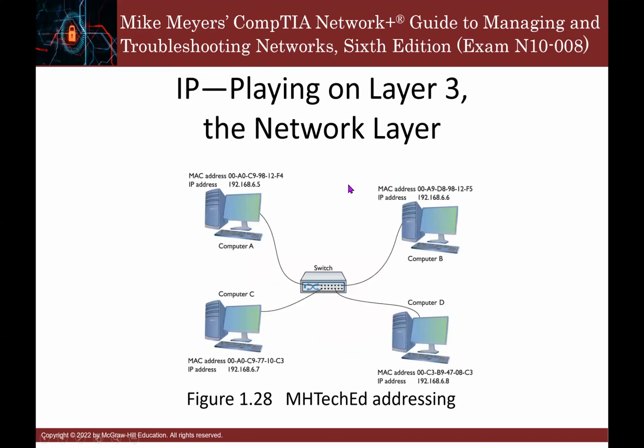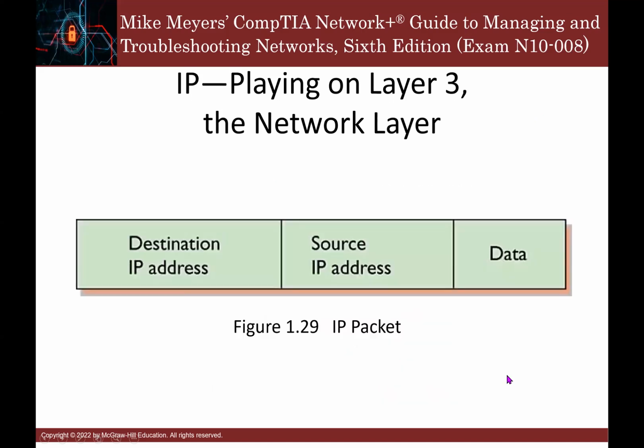All right, so playing on layer 3, the network layer, every device has to have a MAC address and an IP address in order to communicate. Even on a local network, IP addressing is expected. This is a simplified diagram of an IP header. There are actually many more fields that we'll look at later, but we have our source and destination IP addressing that's attached to the data, and it creates the IP packet.